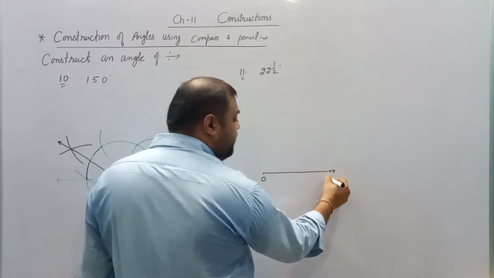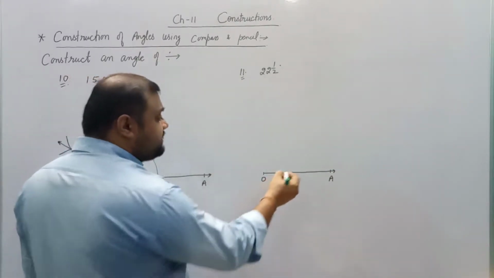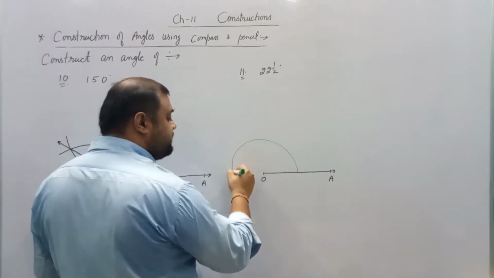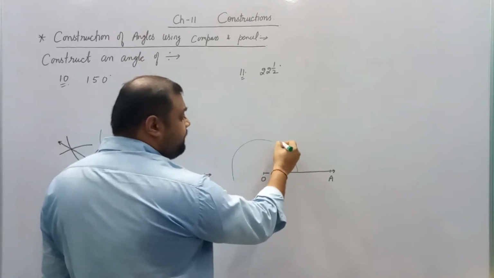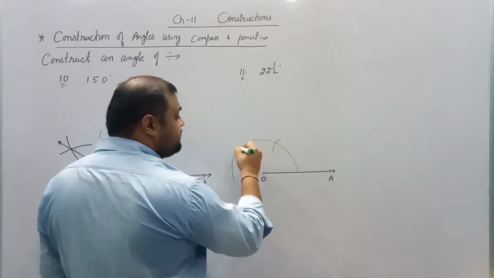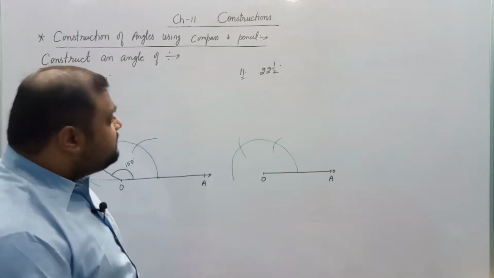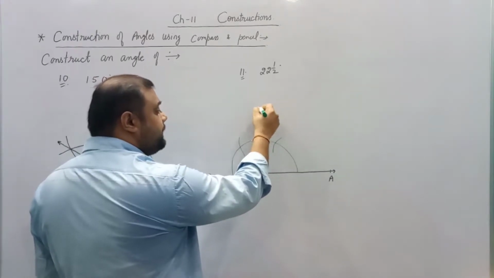Draw any ray OA of any length, taking O as center and with any radius, draw a semicircle. Taking this point as center and with the same radius, construct an angle of 60 and 120. Now the bisector of 60 and 120 is 90.